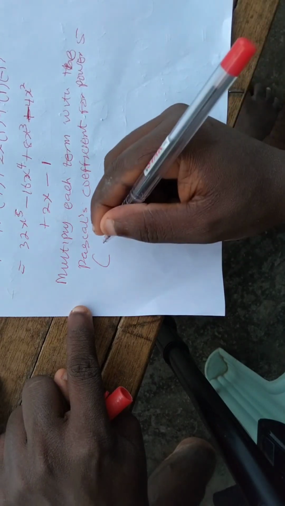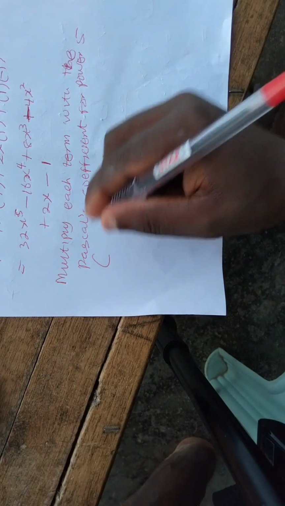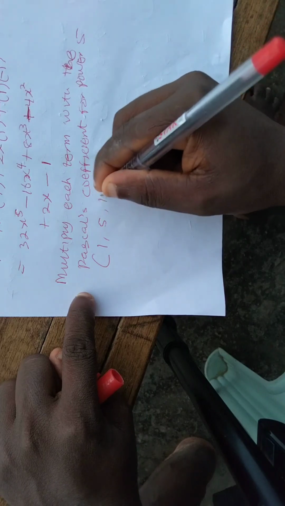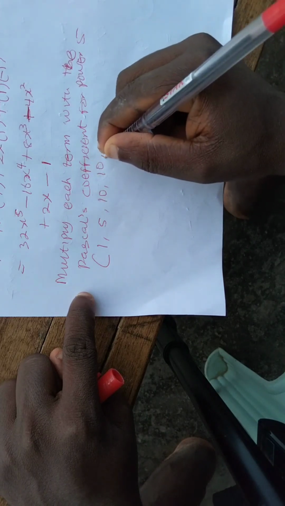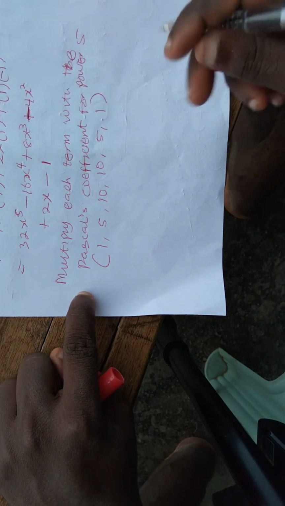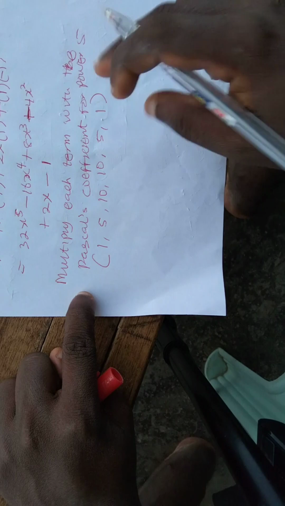So for power 5 we have 1, 5, 10, 10, 5, 1 from the Pascal's triangle.